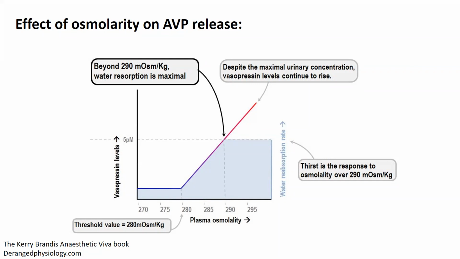If you see this algorithm, normal osmolarity in the body is 285 to 295. Whenever the patient starts drinking a lot of water, the osmolarity will start dropping. At the point of 280, I expect the vasopressin to be totally suppressed.